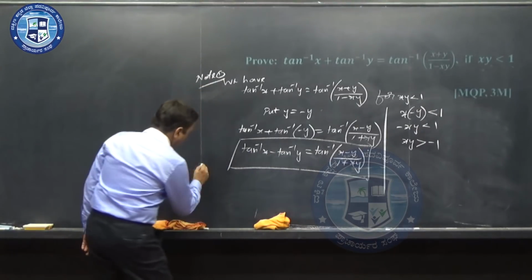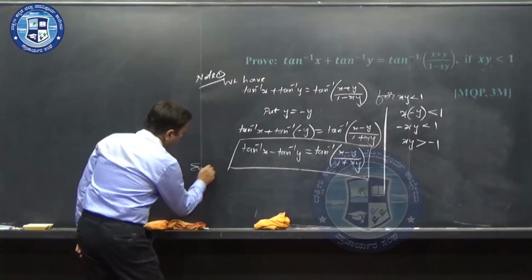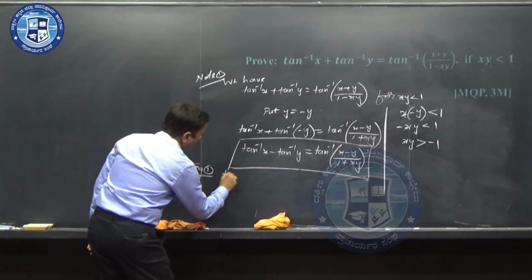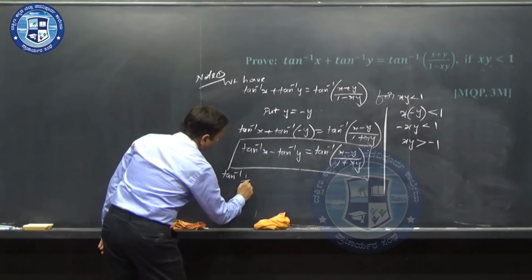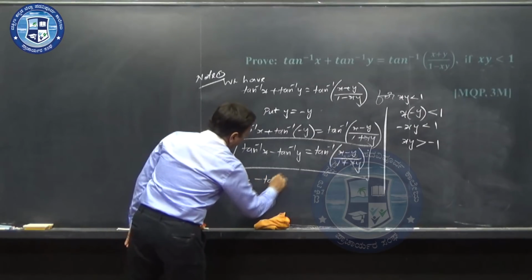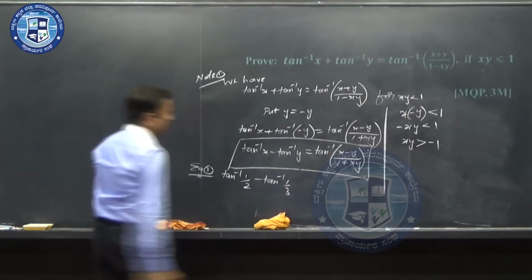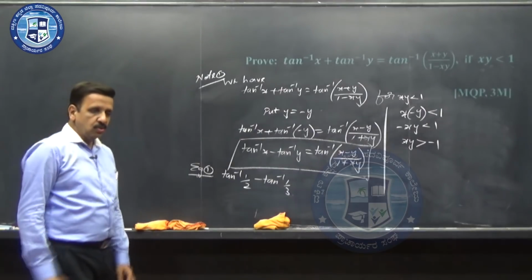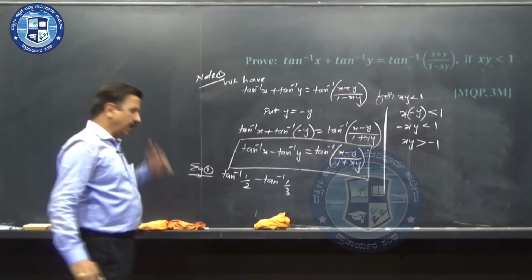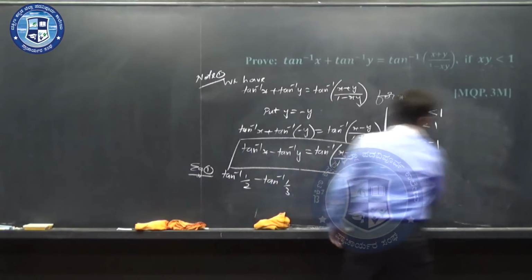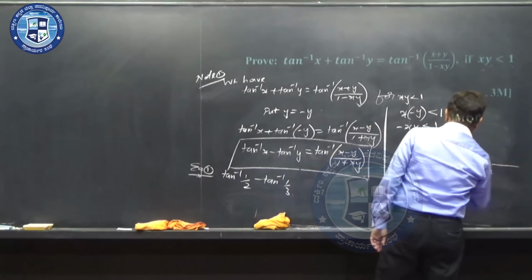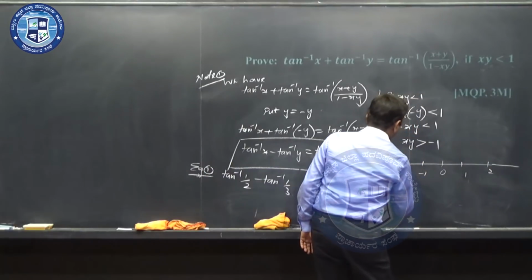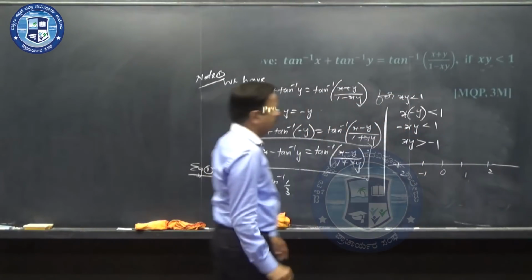So, you can take example 1, look at this, tan inverse of 1 by 2 minus tan inverse of 1 by 3. This result holds good only when xy is more than minus 1. You must have the clear meaning of more than minus 1. This is 0, this is 1, this is 2 and so on, minus 1, minus 2 and so on.